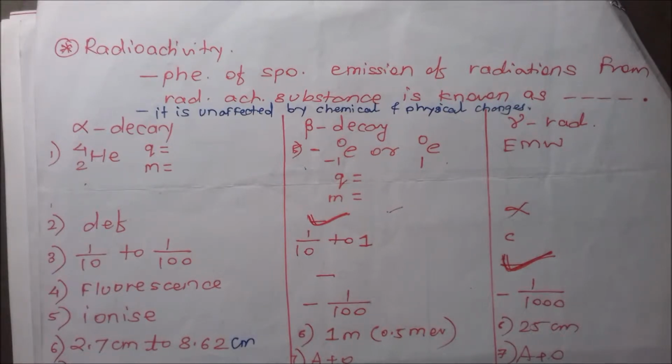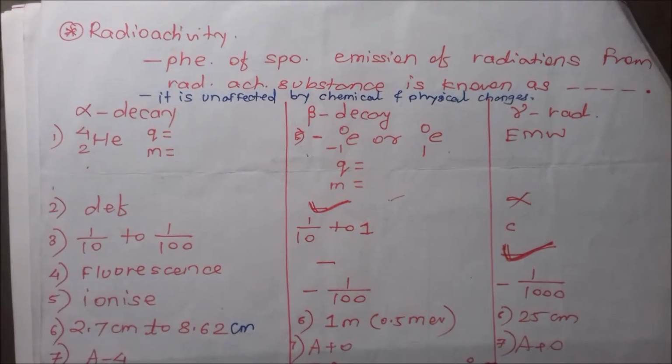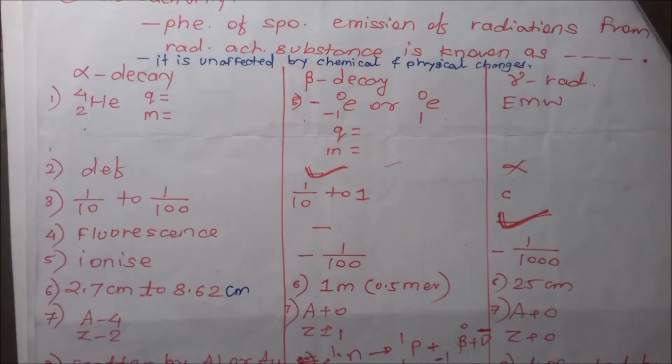Phenomenon of spontaneous emission of radiations from a radioactive substance is known as radioactivity. It is unaffected by chemical and physical changes. Important. Chemical physical changes do not affect radioactivity. Radioactivity is property of nucleus. As long as nucleus is unchanged, radioactivity remains same. So, radioactive elements decay, emit alpha particle, beta particle or gamma ray.